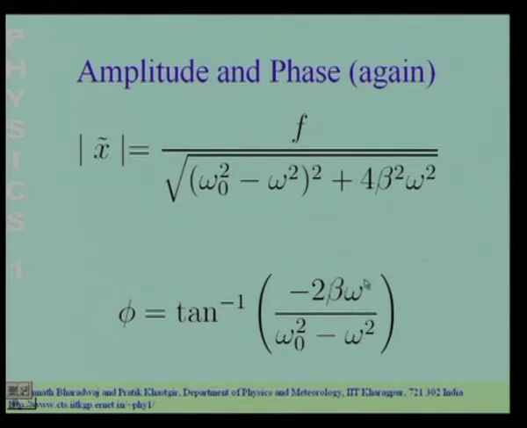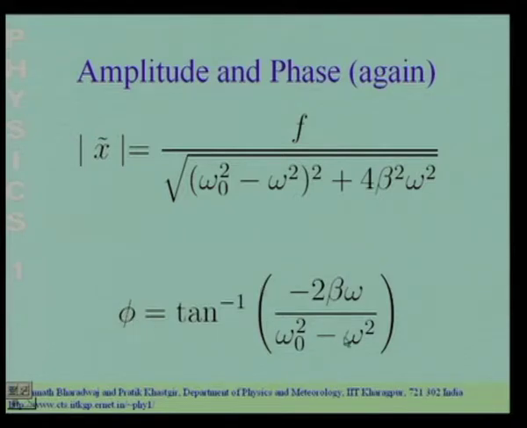Now, when you increase omega slightly, then the phase phi is the tan inverse of a negative number, which is also a negative number. So, as you increase the frequency slightly, the phase changes from 0 and it becomes negative. So, there is a negative phase of the motion relative to the external force.